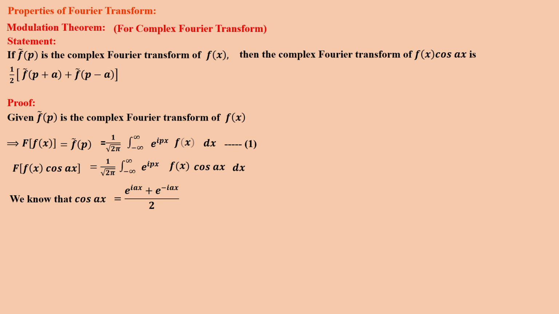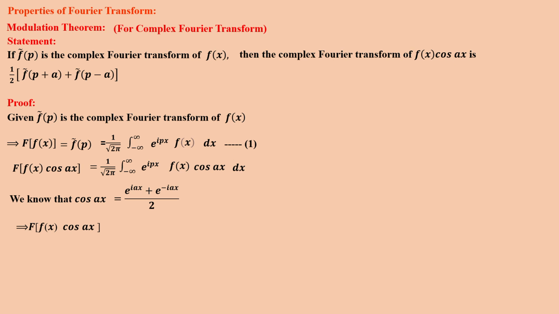So adding these two, the i sin ax terms get cancelled, and you will get 2 times cos ax. So the 2 and 2 cancel, and you will get cos ax, right?